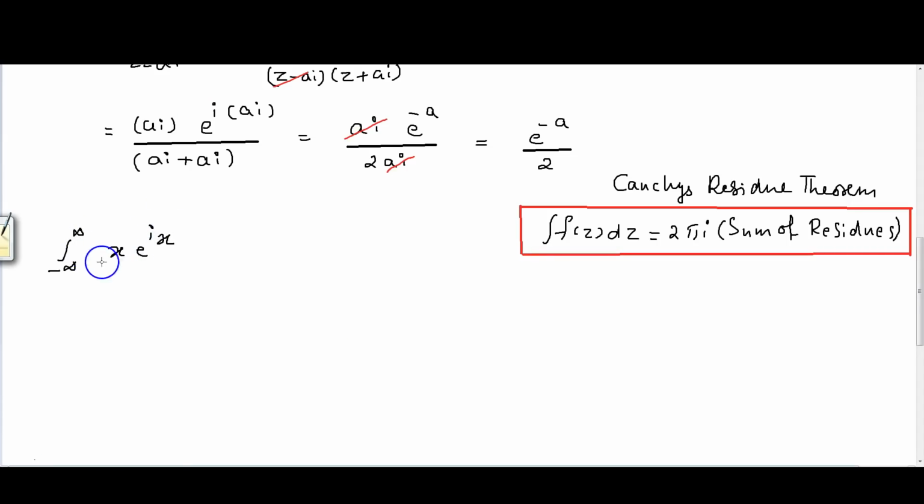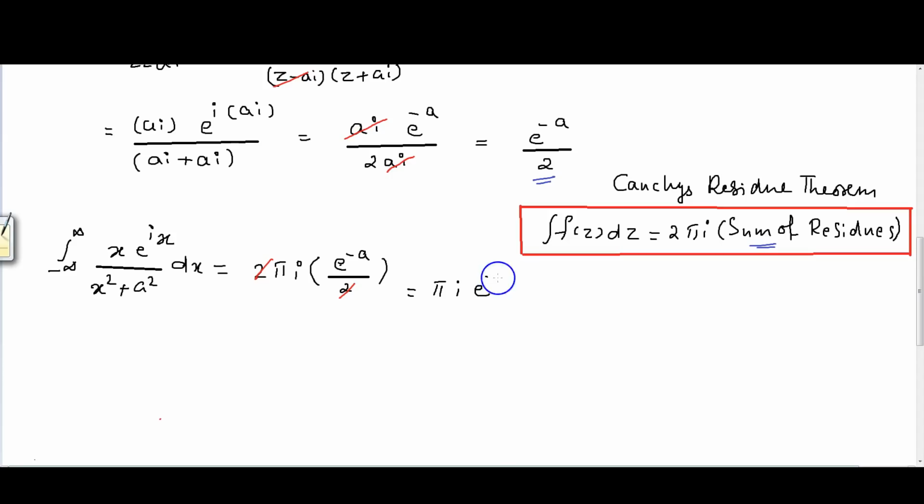Using Cauchy's residue theorem, the integral of f of z dz equals 2 pi i into the sum of residues. Then the integral from minus infinity to infinity of x e raised to ix by x square plus a square dx is equal to 2 pi i into the sum of residues. Here the residue is e raised to minus a by 2, and cancelling 2's, we get pi i e raised to minus a.